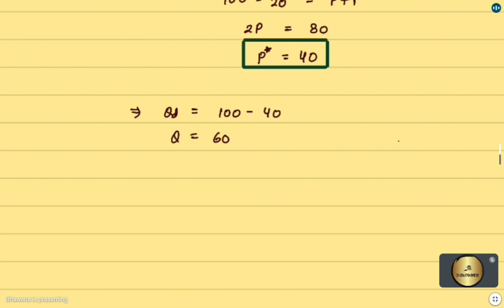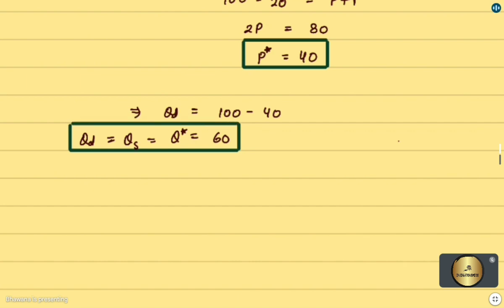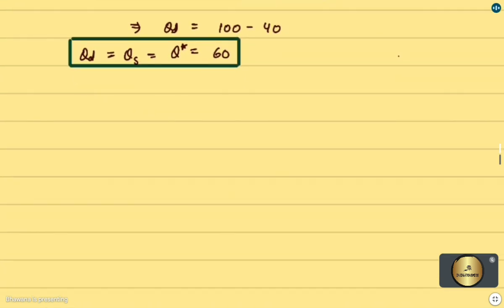At equilibrium, quantity demanded is equal to quantity supplied, which is your equilibrium quantity. So Q star is equal to 60. Based on these demand and supply functions, your equilibrium price is 40 and equilibrium quantity is 60.